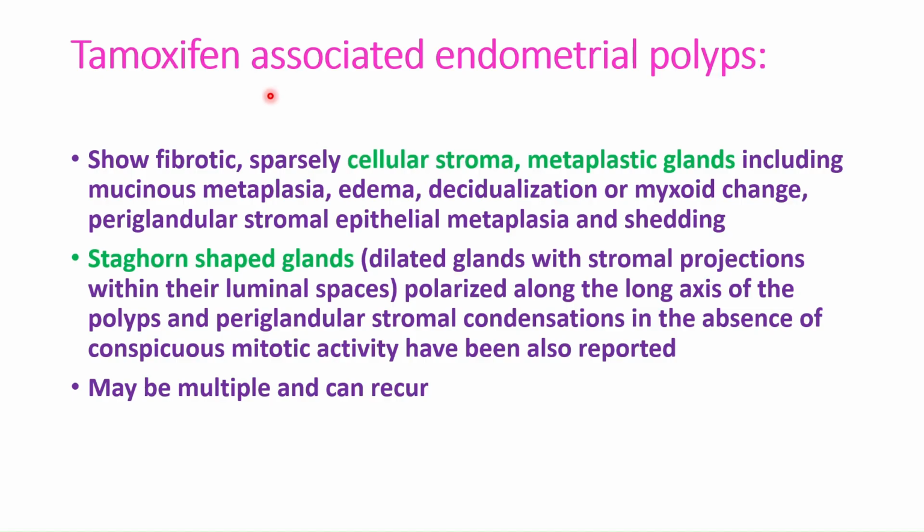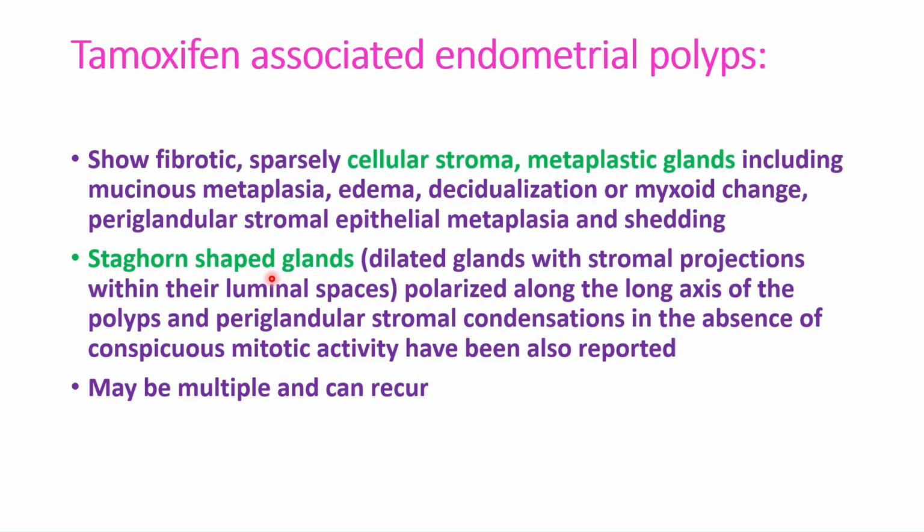So next is tamoxifen associated endometrial polyp. This shows fibrotic, sparsely cellular stroma, metaplastic glands, and mucinous metaplasia, edema, decidualization or myxoid change, periglandular stromal epithelial metaplasia, and shedding.